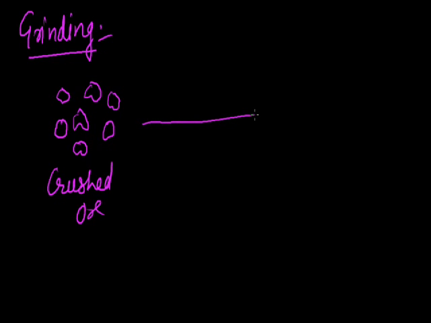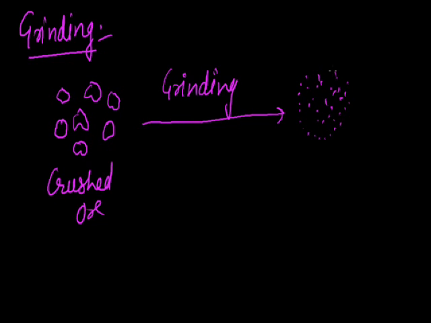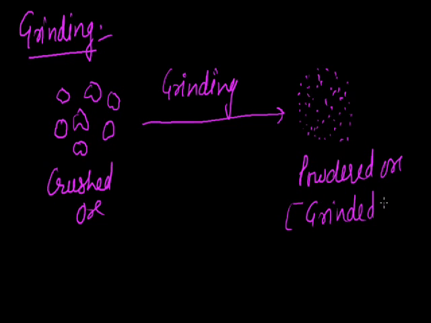Now we introduce this crushed ore into a stamp mill or ball mill, and by these apparatus we do grinding, and after grinding these particles are converted into powder form, just like this. So we can say that we further reduce the particle size of ore. This is a powdered ore, also known as grinded ore. So after grinding we obtain a powdered ore.